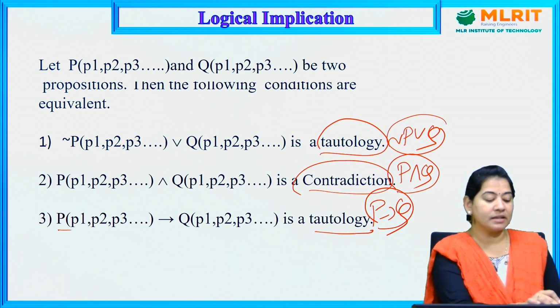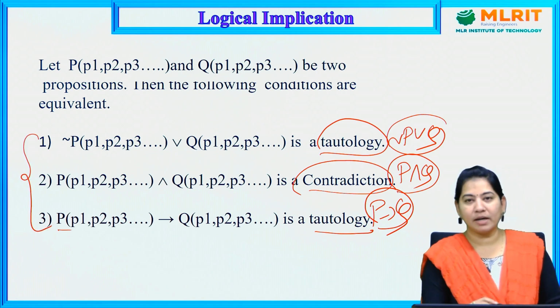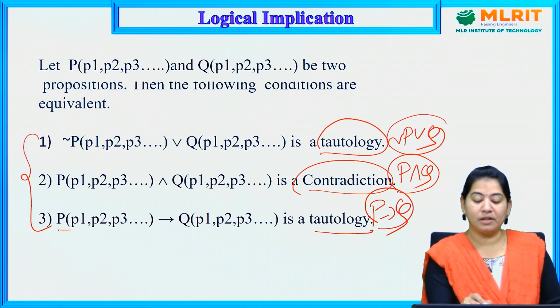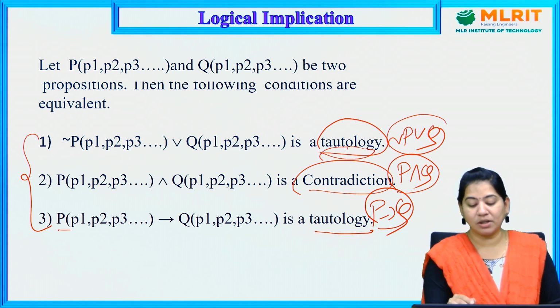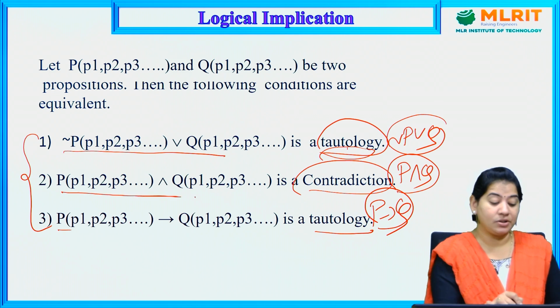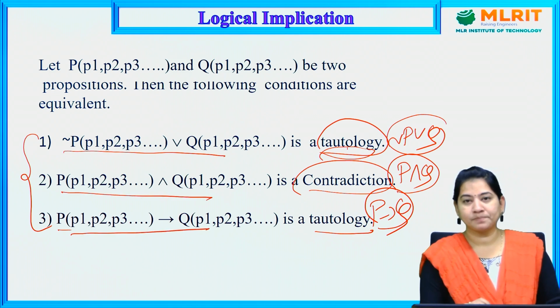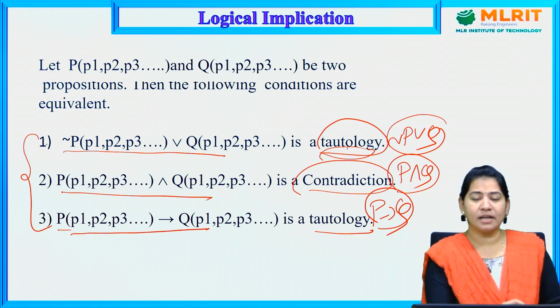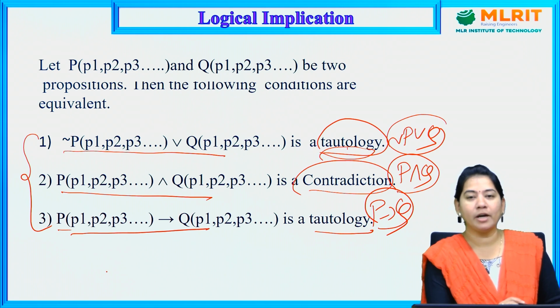You have to construct these truth tables, and you need to get these answers: tautology, contradiction, and also tautology. Only for these particular conditions you need to get them. And we can say that these conditions are equivalent if P and Q are propositions.